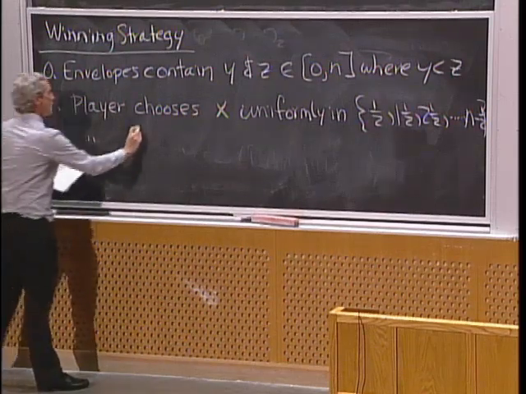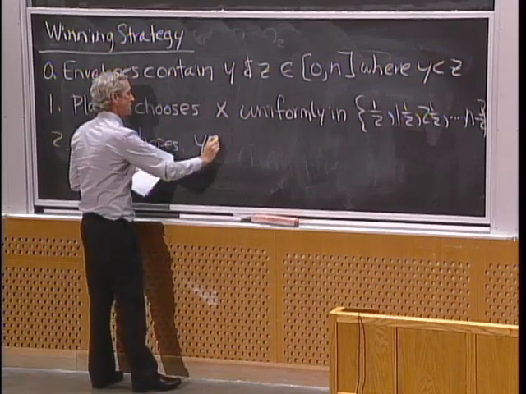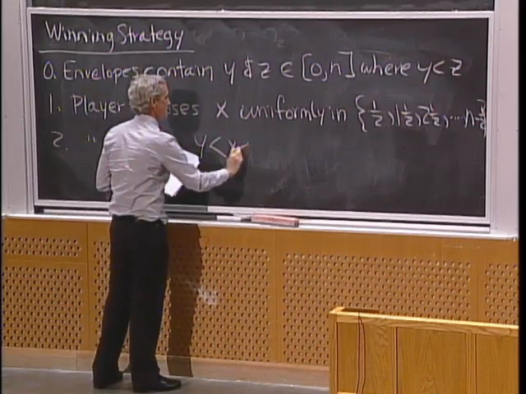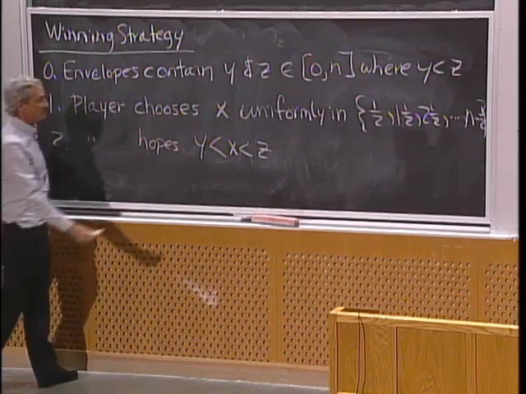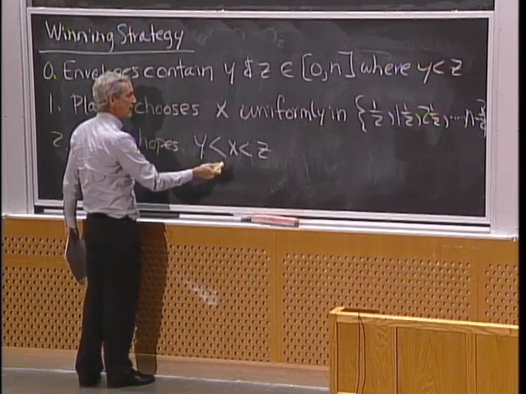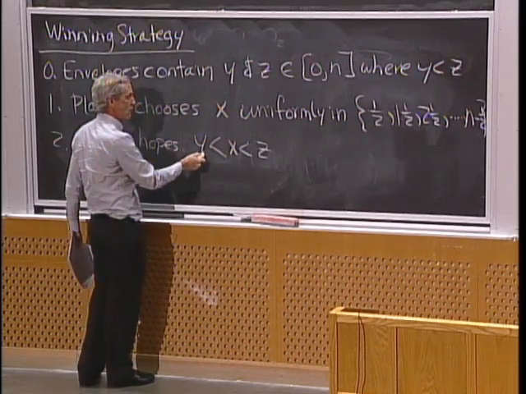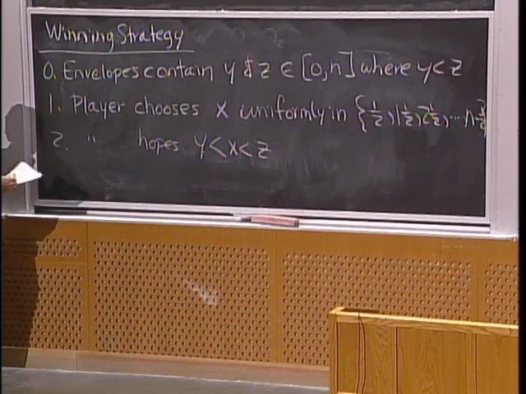Now, the player is hoping that he picked a value that splits y and z. Okay, because then he's going to win. All right, if he picked an x between the numbers in the envelopes and follows the swap, if he got a number less than x, he's going to win. All right.